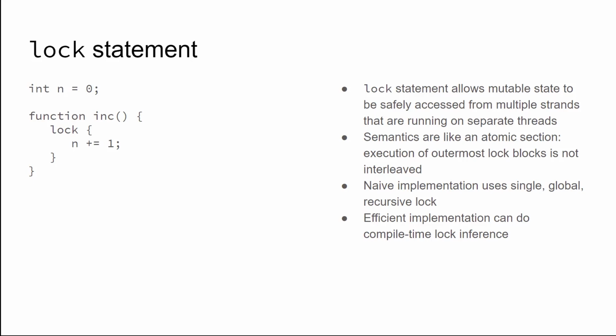There's a bunch of papers in the literature showing how, at compile time, you can analyze the code using the lock and split the one big lock up into lots of little locks. But what's important with locking is that the user has a simple model they can reason with. From the point of view of the user reasoning about locks, they can just understand it as there being one global recursive lock that's acquired.